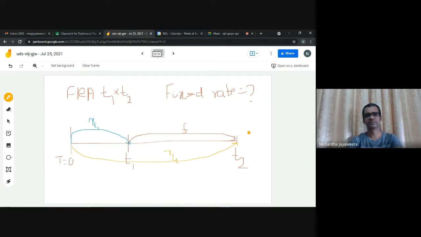Something like that. Or in our previous example, 1 month and 7 months. We know those interest rates. But the question here is, how do we calculate this rate F?